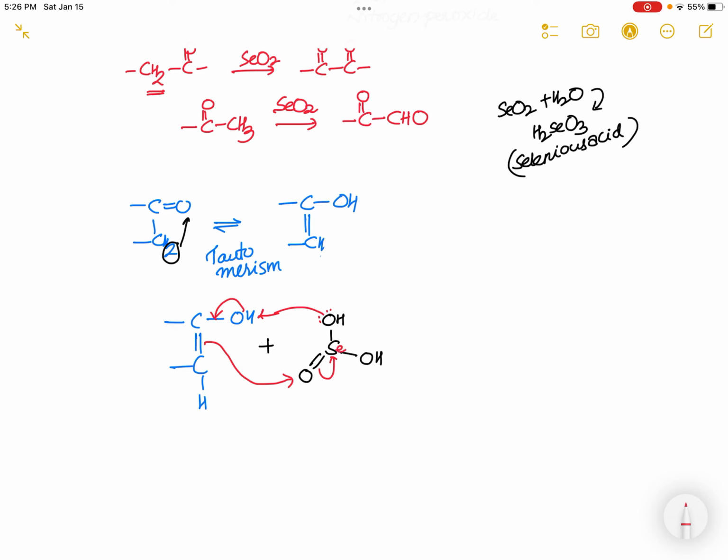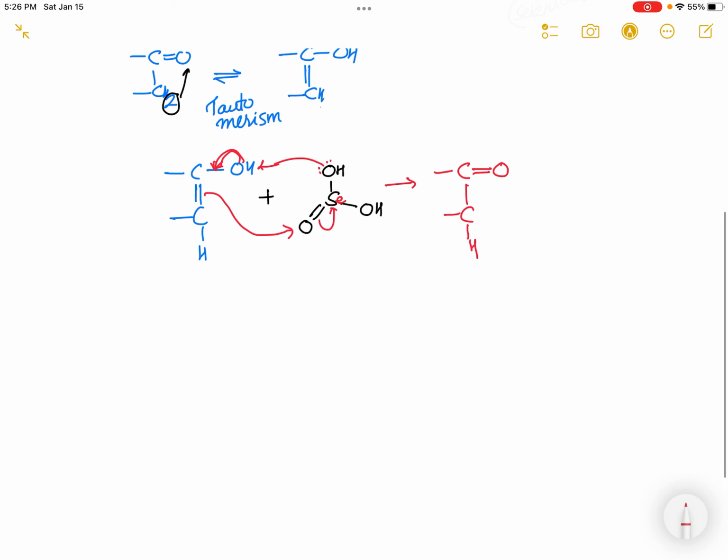Selenium is taking the bond from oxygen. Now it looks like carbon, double bond oxygen. This bond is shifted here, so it became a double bond. Then this is a single bond, one bond gone. This is hydrogen. Now this is attached to oxygen, which is attached to selenium, which has the OH.